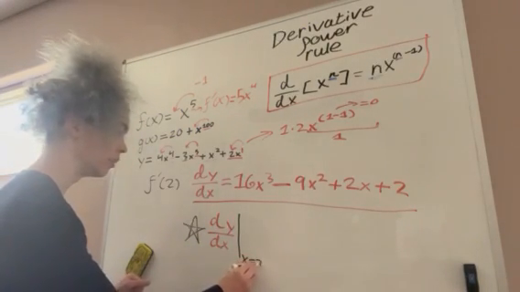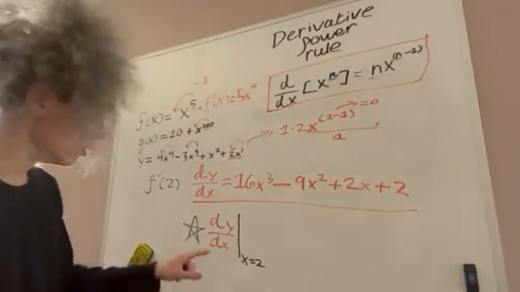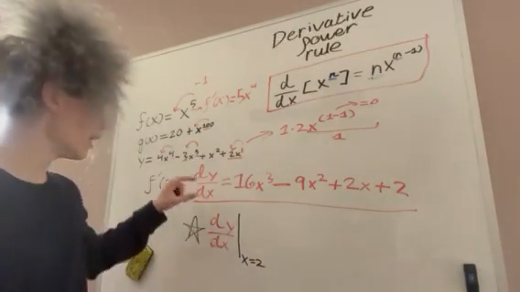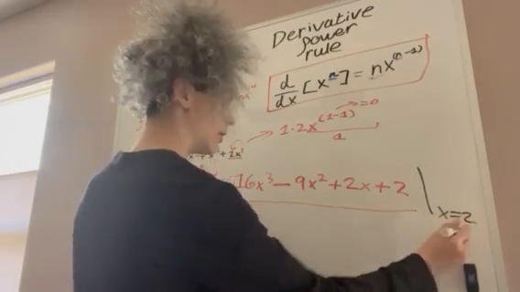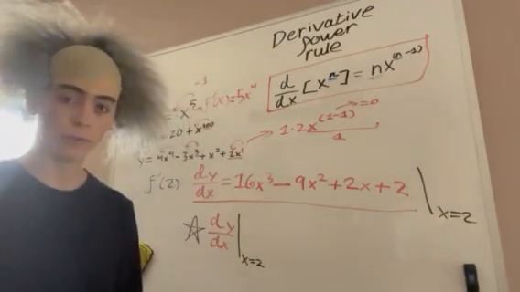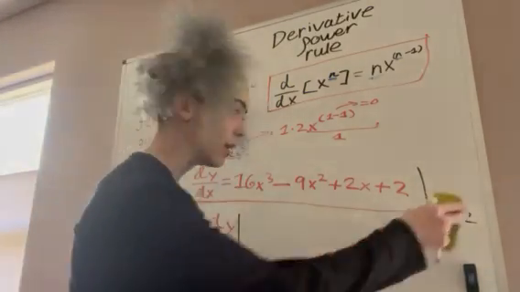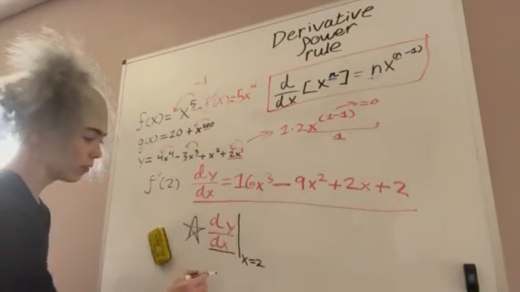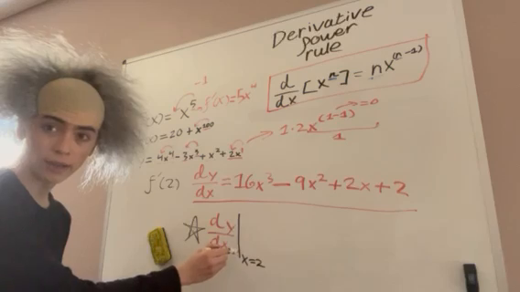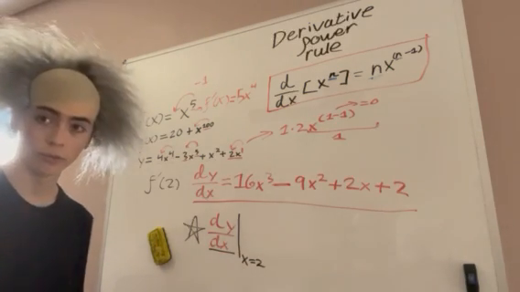equals 2. Now you might have seen this in math before. You can do this anywhere. You can write this whole thing, write a giant line, x equals 2, and then plug in 2 to x. Boom. But really, you never do that. You write dy dx when, and then this giant vertical line telling you to plug in x equals 2.